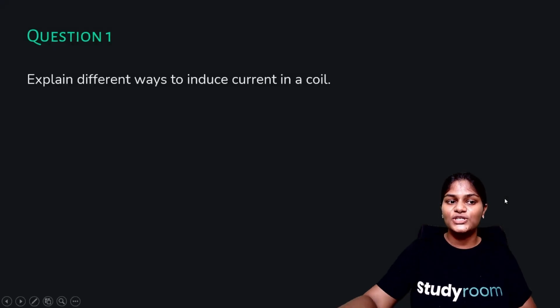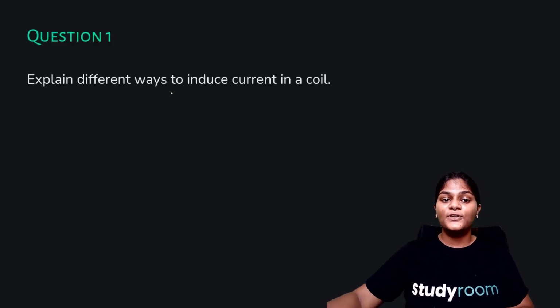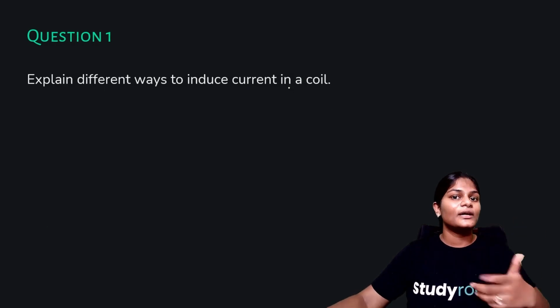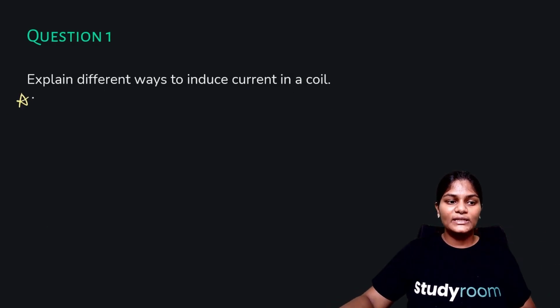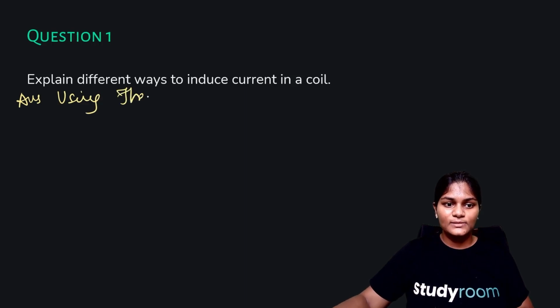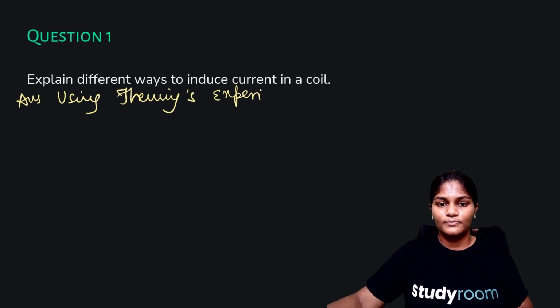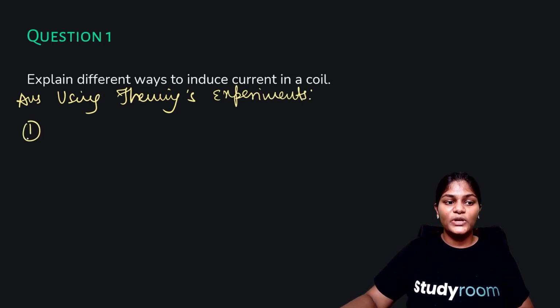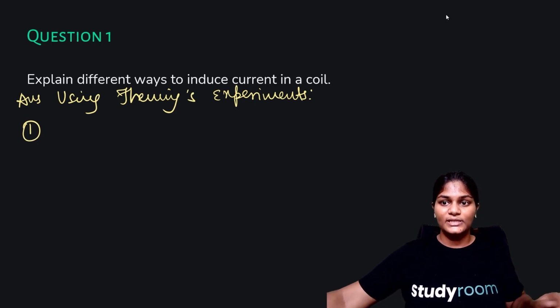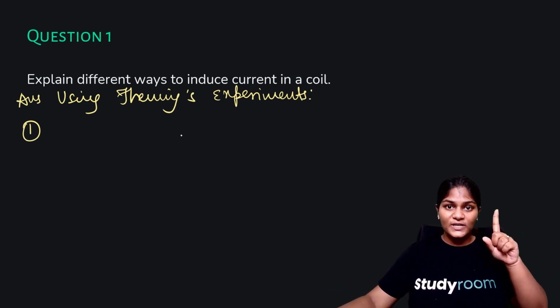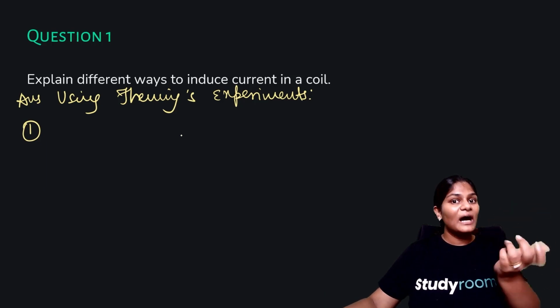The first question says, explain different ways to induce current in a coil. So we are going to write in the answer using Fleming's experiments. We know that the different ways to induce current in a conductor is, if I write it according to the first experiment that we did, which was the bar magnet and the coil.